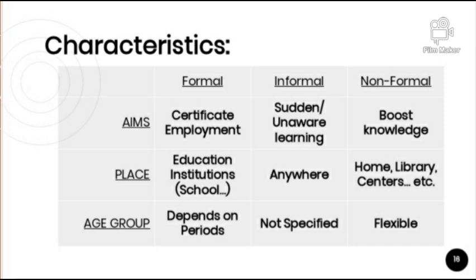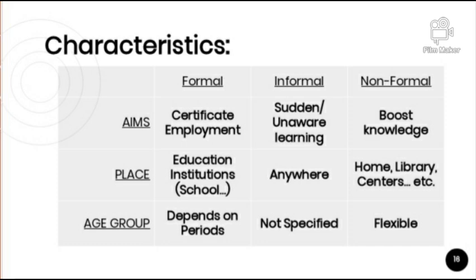In informal education, we have sudden and unaware learning. We don't have an objective. We can learn from TV, for example, without consciousness. And in non-formal education, we aim to boost knowledge. So here we boost or raise our knowledge. Then concerning place, we have education institutions, school.